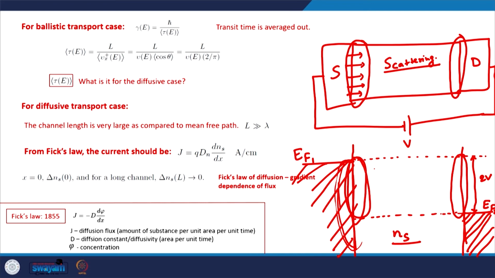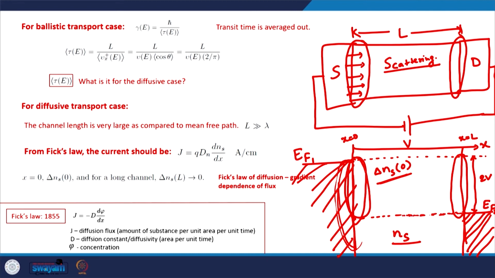So, let us say the excess of electrons on the source side is delta Ns 0, where this is the x axis, this is x equal to 0, and this is x equal to L, if the channel length is L. Some of these excess electrons recombine, and ultimately the channel has some electron population on the right terminal as well.